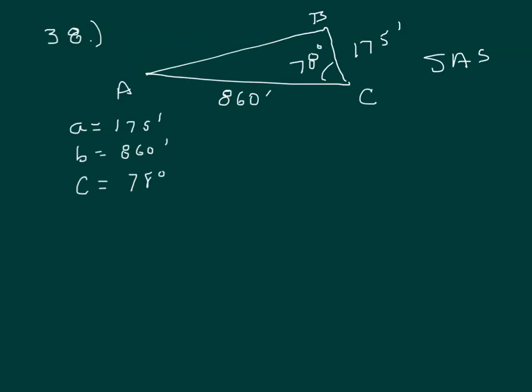In problem 38, a surveyor finds the distance from A to B across opposite sides of a lake. There is a lake drawn in here, but it really doesn't matter because in the end we're really only solving for this triangle A, B, and C. We're given this side to be 860, the angle here to be 78 degrees, this side to be 175.